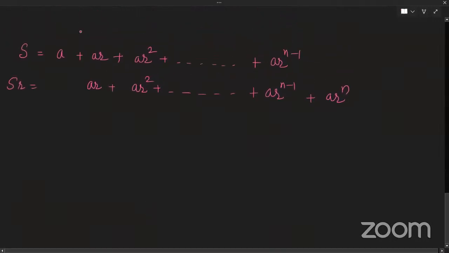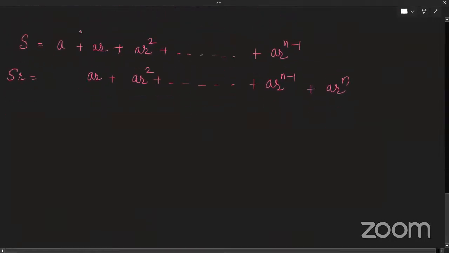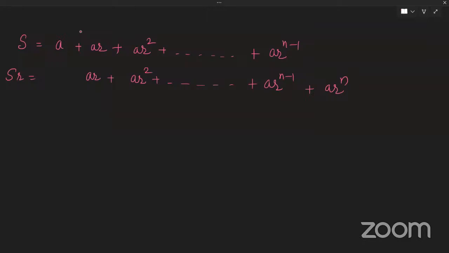So currently discussing this. My sum of n terms is basically A plus AR plus AR square all the way till AR raised to N minus 1, right? So I multiply my S with R, and I get AR plus AR square plus so on till AR raised to N. Then I subtract 1 and 2, and all the terms in between get cancelled.